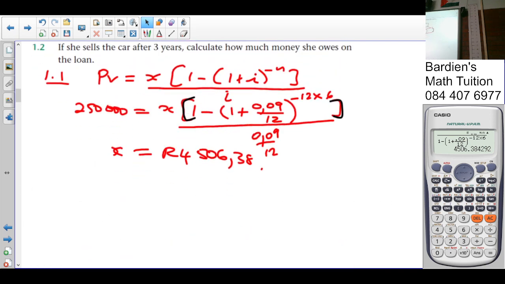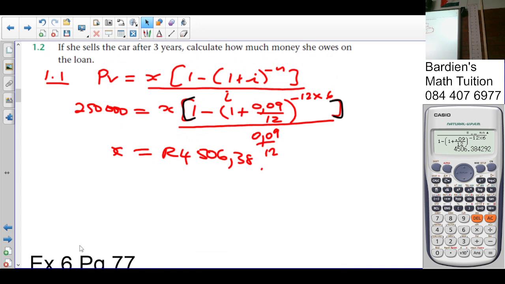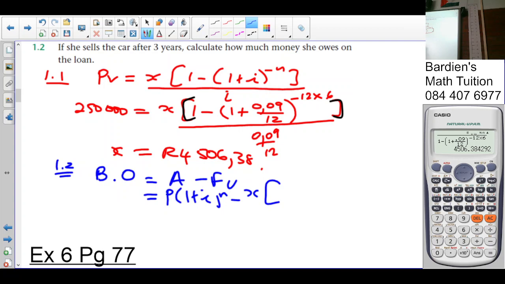Okay, so in 1.2, how do you calculate the balance on the loan? Balance outstanding. It's A minus FV. So what's your A value? So it's P into (1 plus i) to the n, minus FV, which is x into (1 plus i) to the n minus 1, over i.